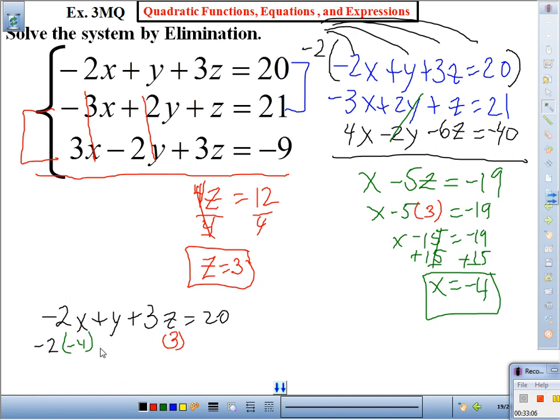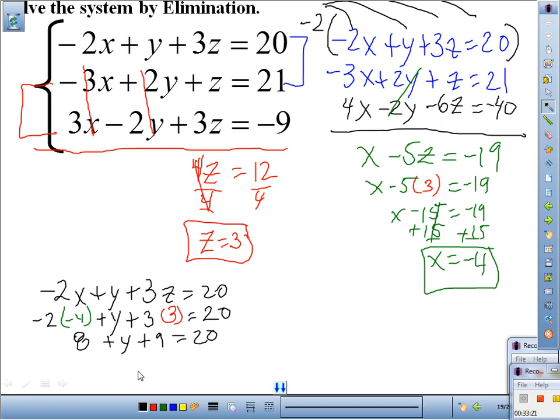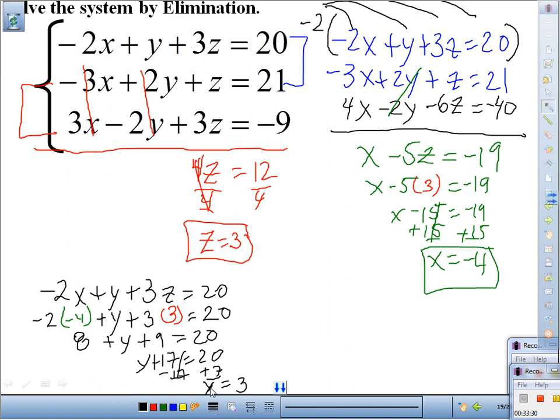Negative 2 times negative 4 plus y plus 3 times 3 equals 20. 8 plus y plus 9 equals 20. Let me move up. This is y plus 17 equals 20, minus 17. y equals 3.